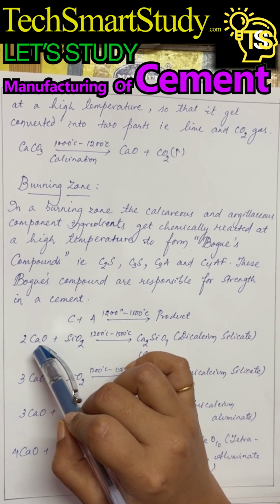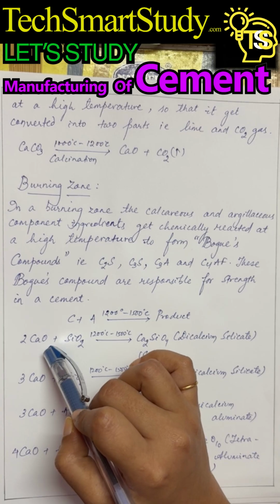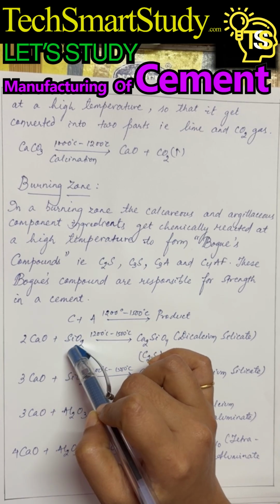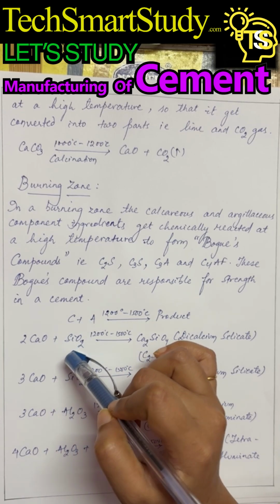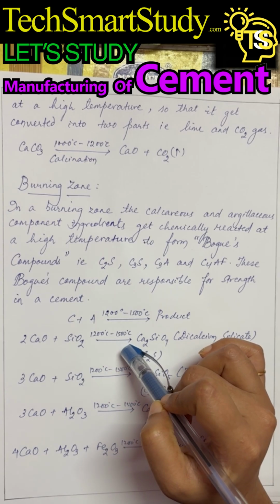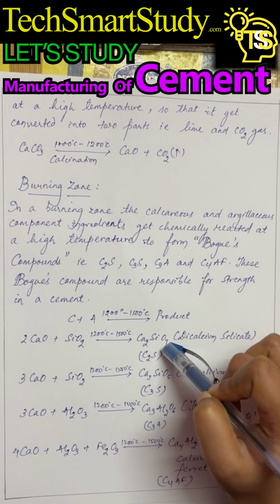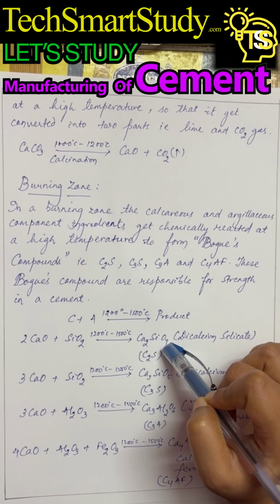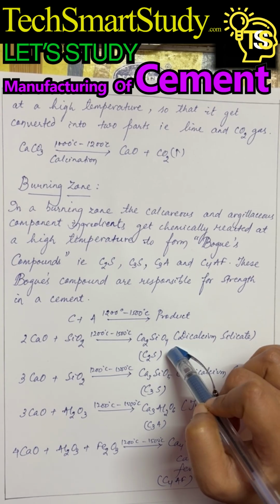Now here 2CaO plus silicon dioxide, that is SiO2, reacts at 1200 degrees centigrade to 1500 degrees centigrade to form Ca2SiO4, that is dicalcium silicate, which is C2S, and this is one of the Bogue compounds.